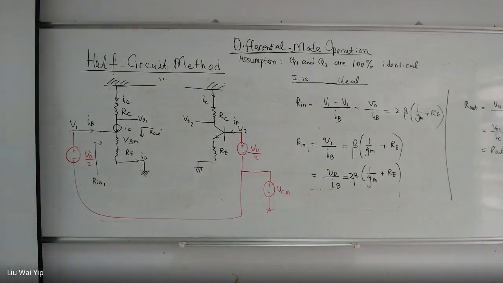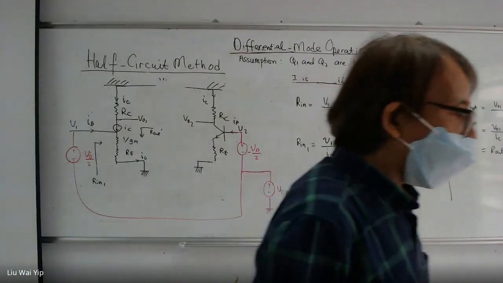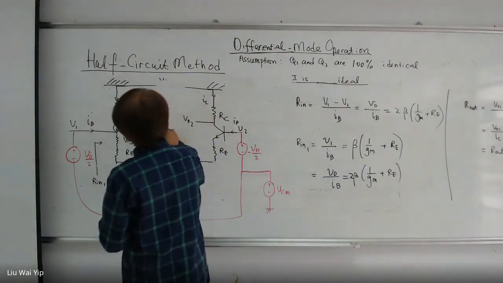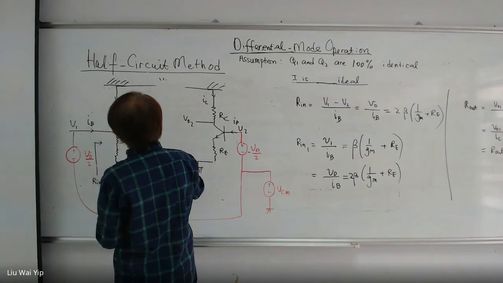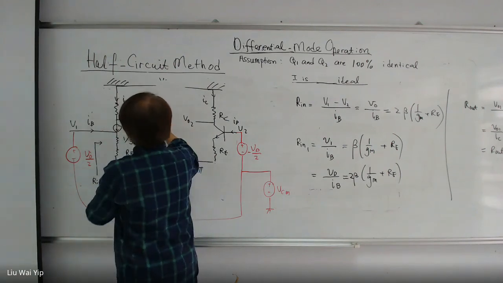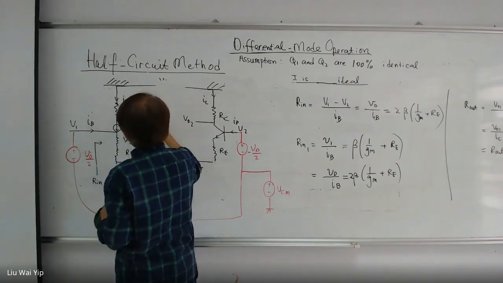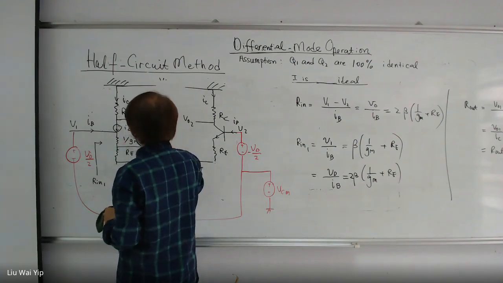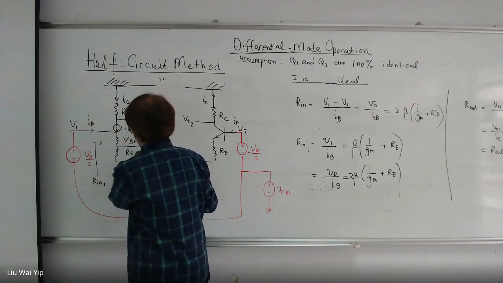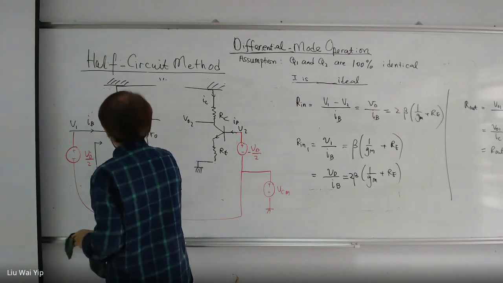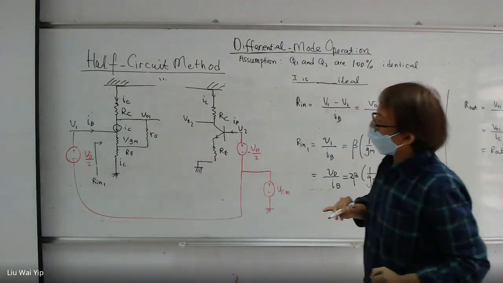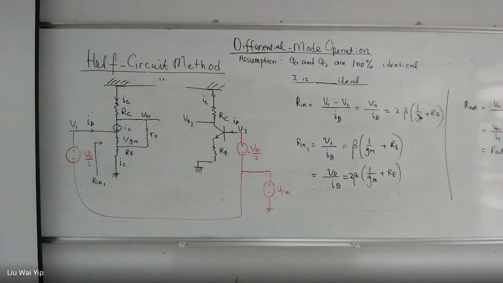First of all, you need the early effect. Without the early effect, you cannot do that. So we have the early effect. Now we are testing your memory. So how are we going to simplify the circuit?